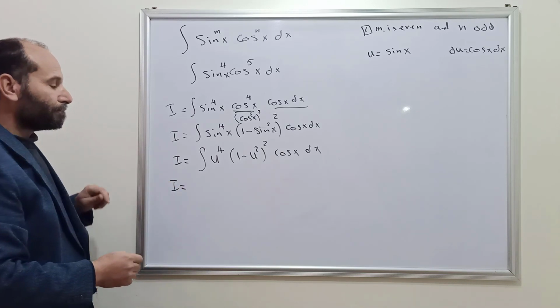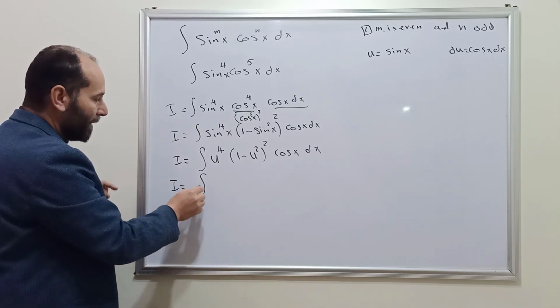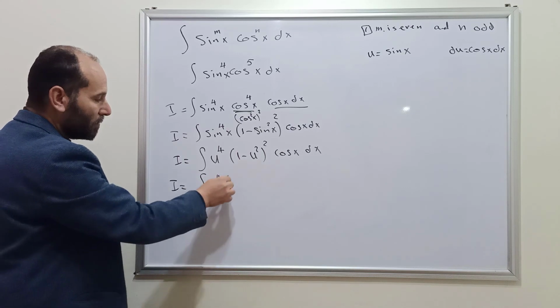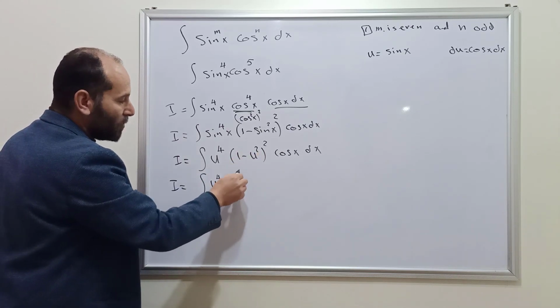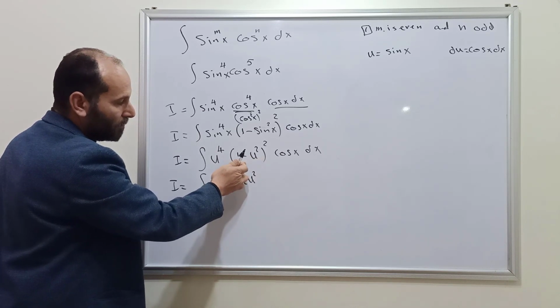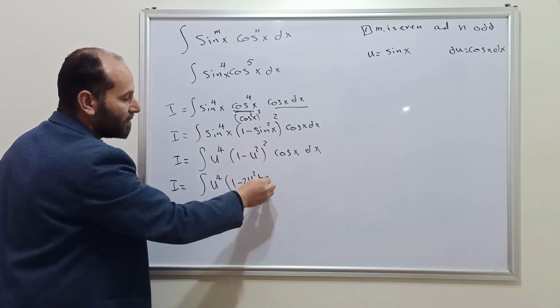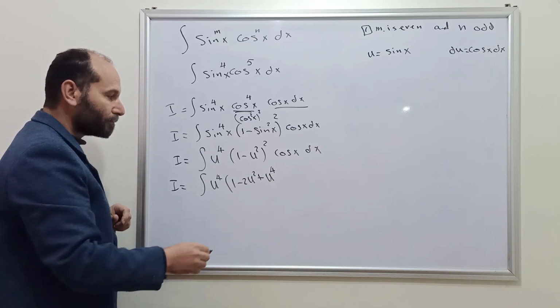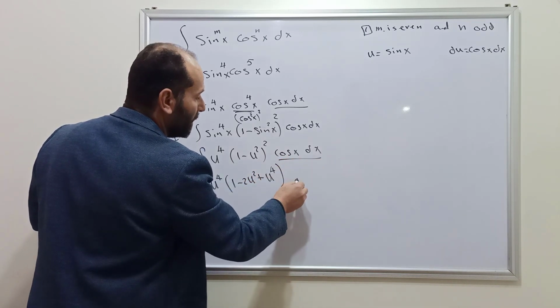I equals the integration of u power 4 times 1 squared minus 2u squared plus u power 4 du.